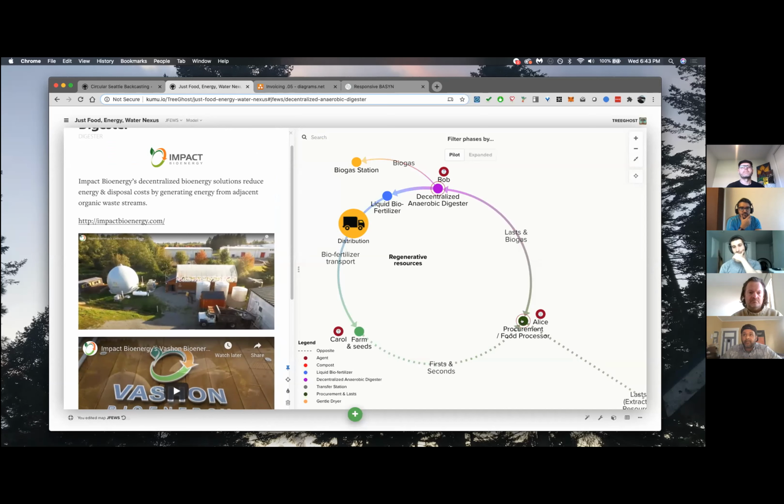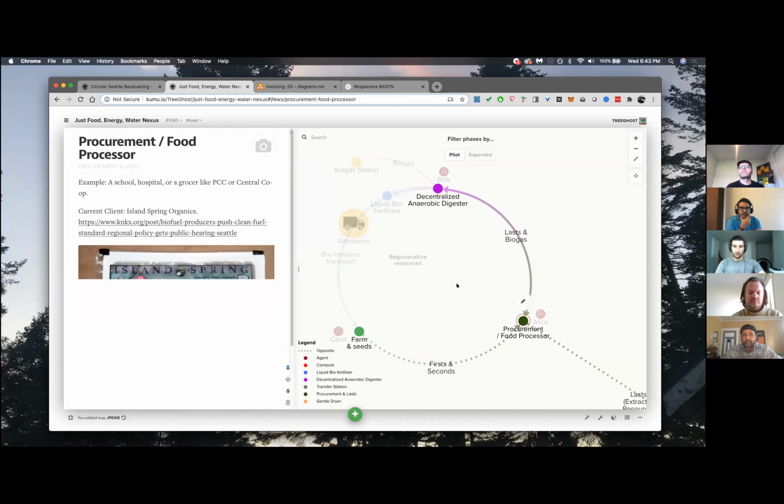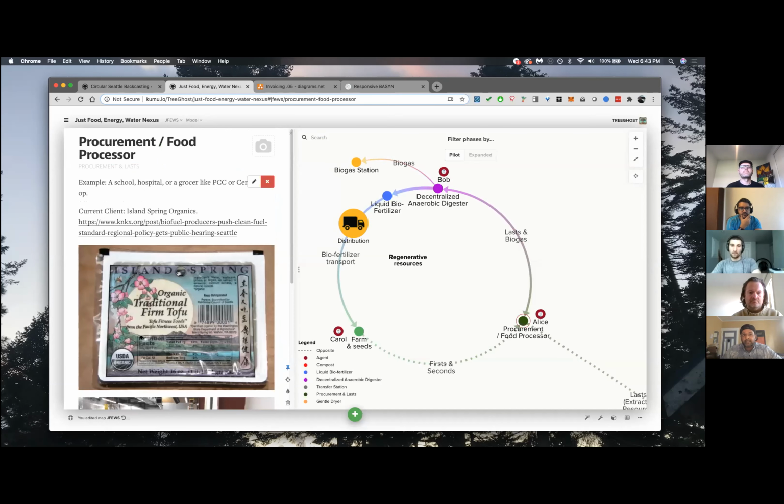And then the actual feedstock, in this case on Basyn Island, is a tofu factory, but you'll see that changes. We do not work on the firsts or seconds. We don't work on fresh food. That's not what Basyn does. Basyn's mission is to focus on the flows of waste. So that's important to mention.